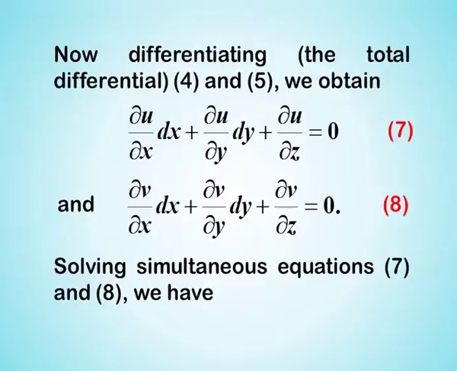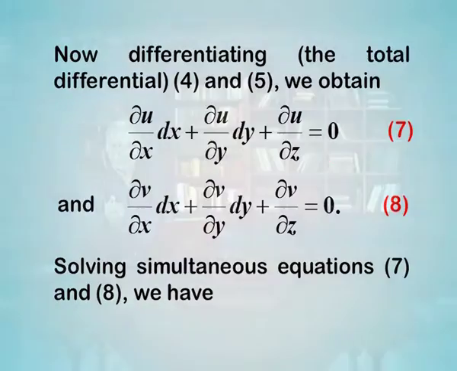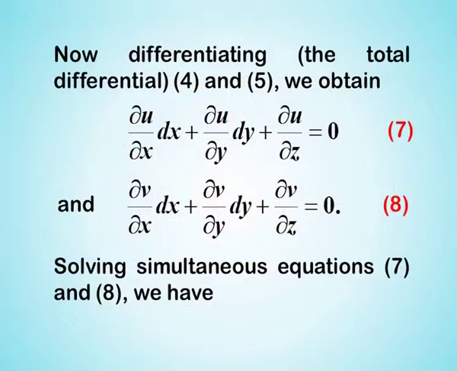So, we have differentiated 4 and 5, we obtain: you can see all has a coefficient, something like this, du upon dx, total differential dx, du dy, total differential dy, and then du dz equals 0. And the second that we will be obtaining with respect to v is dv upon dx, dx, dv dy, dy, total differential dy, and the last is partial dv with respect to z.